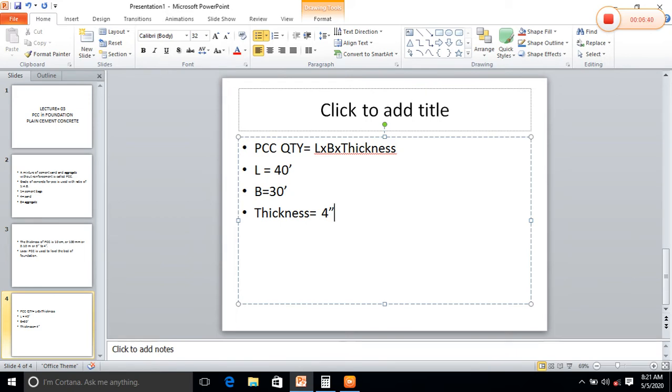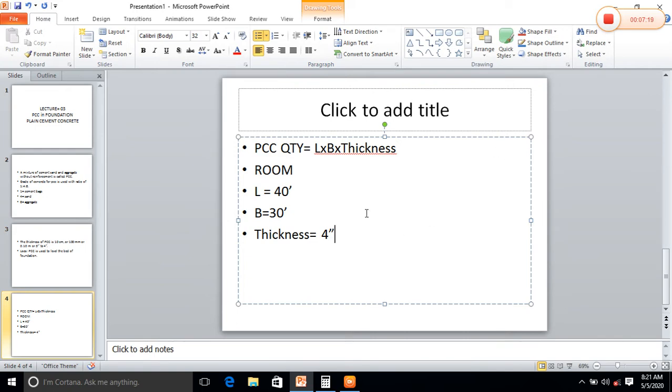Okay, so we have an area or a room or a building, whatever you say, having length 40 feet, breadth 30 feet, and thickness of PCC is 4 inches. Okay, now we will find quantity of PCC for this room.